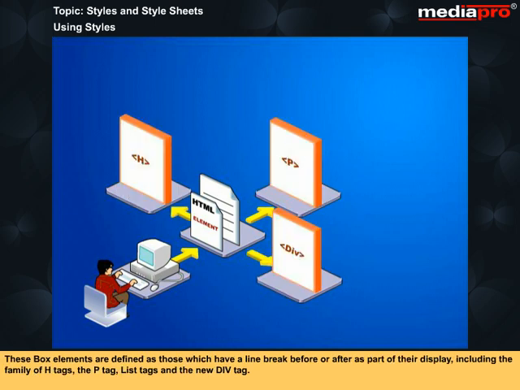These box elements are defined as those which have a line break before or after as part of the display, including the family of H tags, the P tag, list tags, and the new div tag.